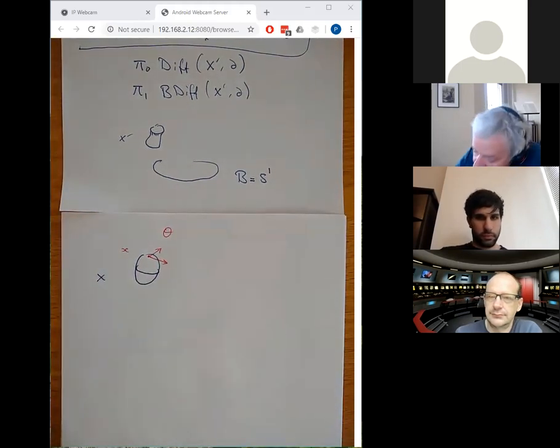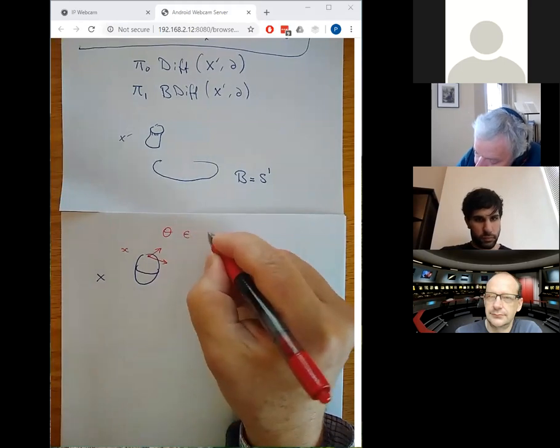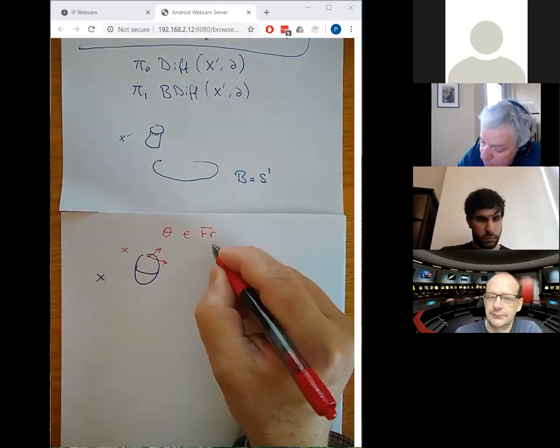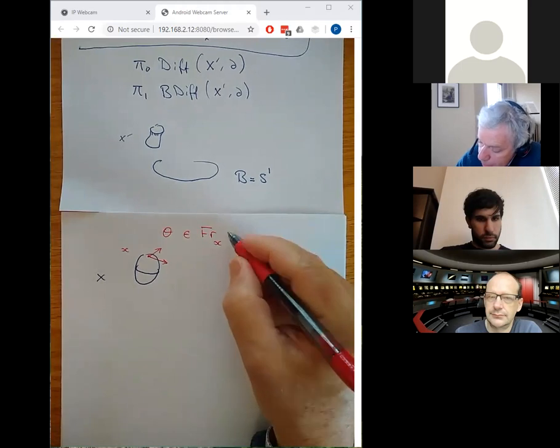So this is some theta, which is in the frame bundle at the point x of our manifold capital X.